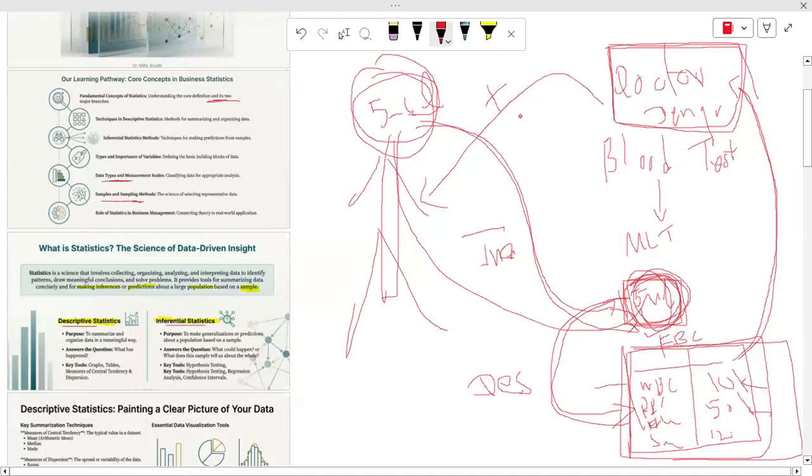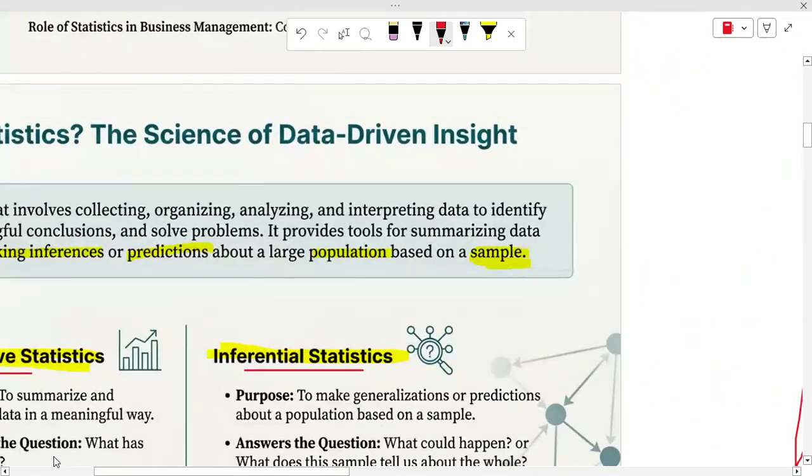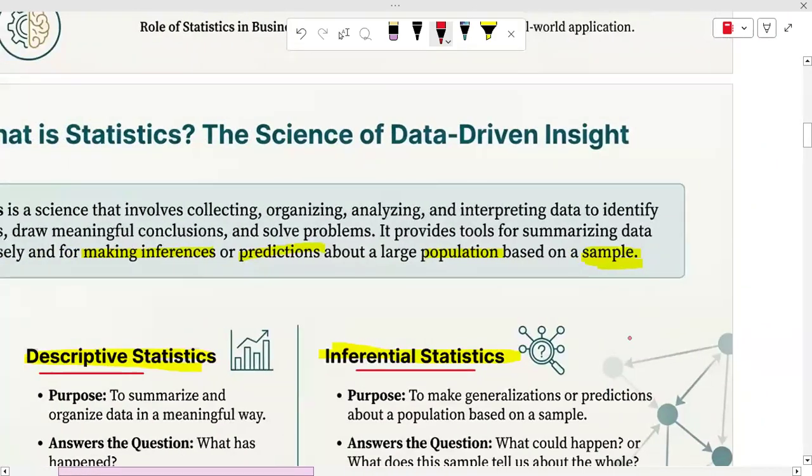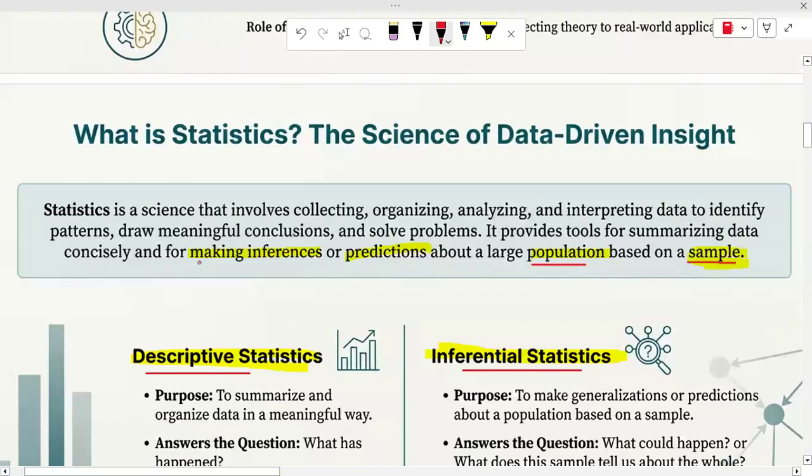This is called inferential. So now you can understand what is population, what is sample, and inference.